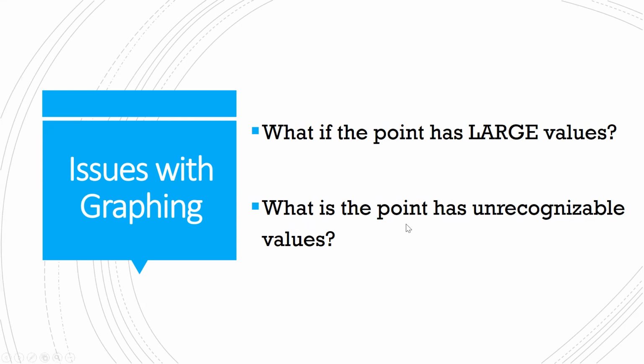That is, what if the point has really tough, unrecognizable values? Like I look at it, but I can't quite see where the two lines cross. They cross at something like -6/7 and 3 and 4/7, and I can't quite tell where they're actually crossing.